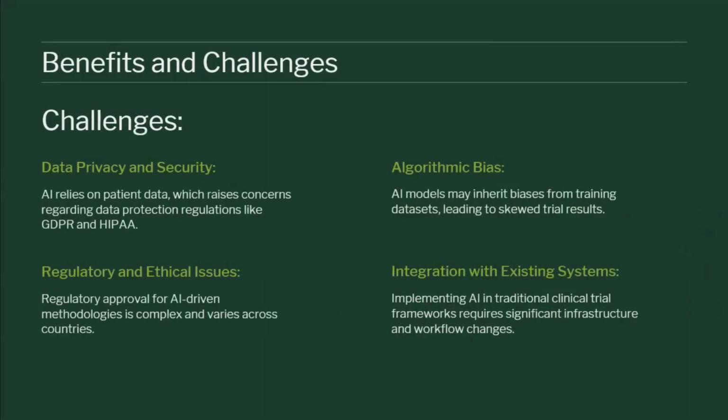Now there are some challenges also as of now, which will obviously be rectified and corrected in due course of time. So first is the data privacy and security. AI relies on patient data, which raises concern regarding data protection regulations like GDPR or HIPAA.